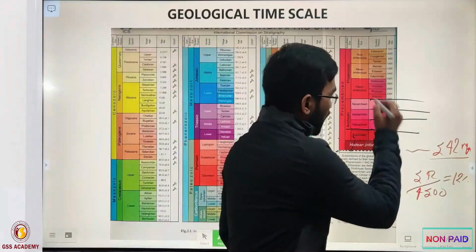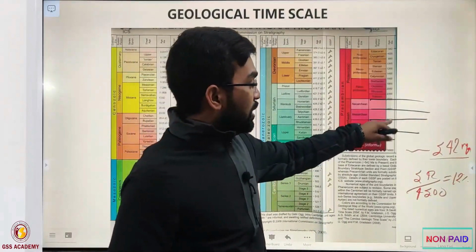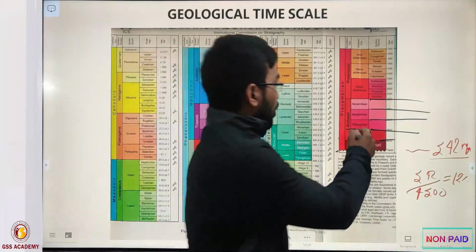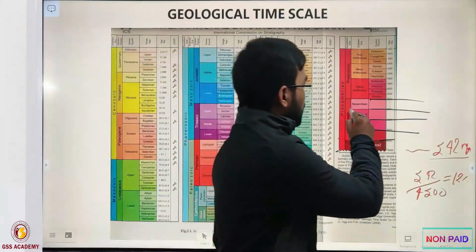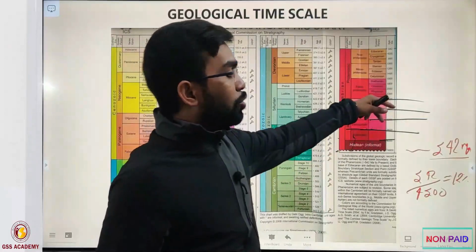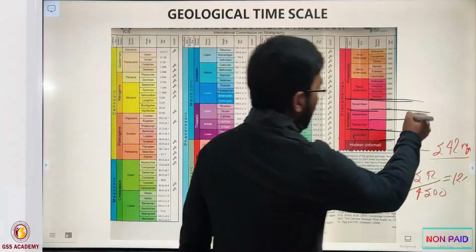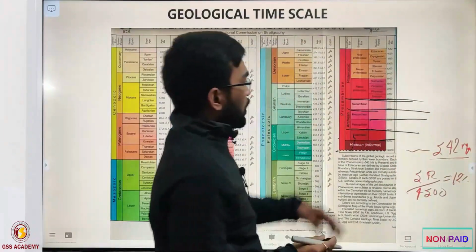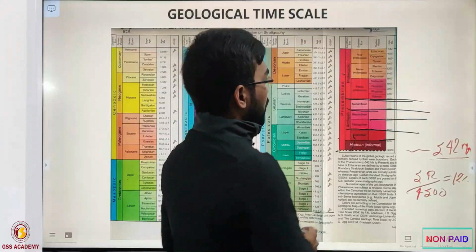From 4,000 to 3,600 is called Eoarchean. 3,600 to 3,200 is called Paleoarchean. 3,200 to 2,800 is called the Mesoarchean, and 2,800 to 2,500 is called the Neoarchean.